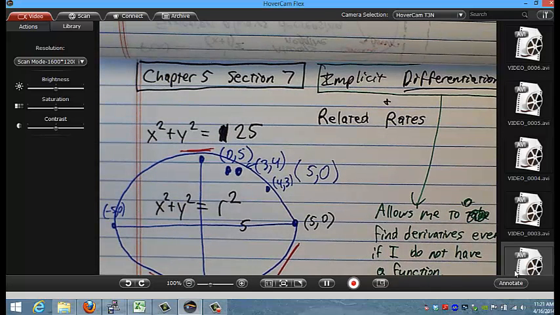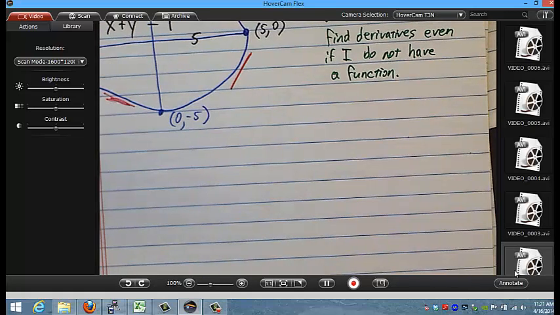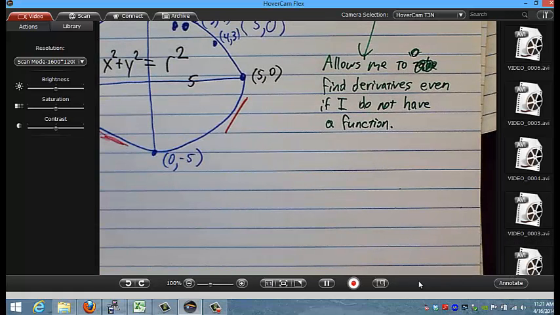Okay? And you might say, well, why do I need that? Well, let's zoom out a little bit and give you a little better view.